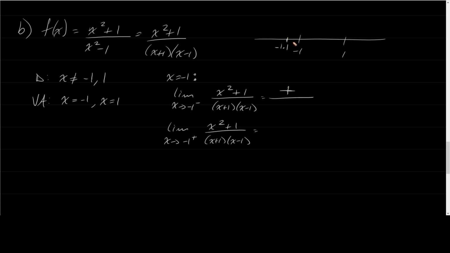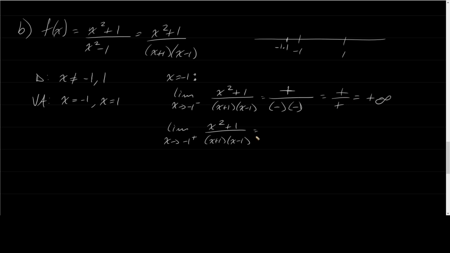Now on the bottom, let's see what happens. I plug in -1.1. -1.1 plus 1, that's negative. -1.1 minus 1, still negative. So overall here, negative times a negative is positive. So I have positive over positive, which gives us positive infinity.